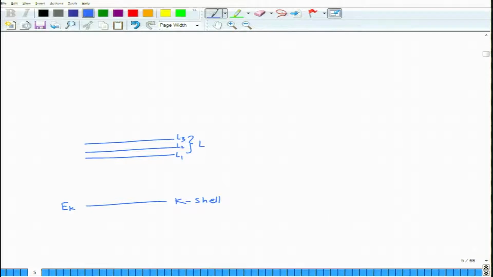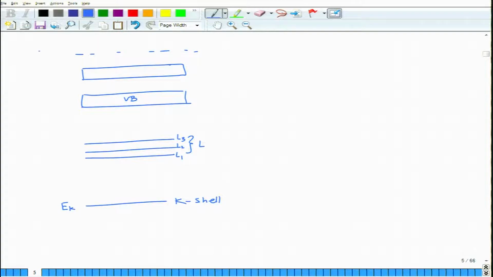And then of course you have the valence band, and the conduction band, these energy bands, and then of course you have the vacuum level, E vac. So, this is how the energy levels are arranged.